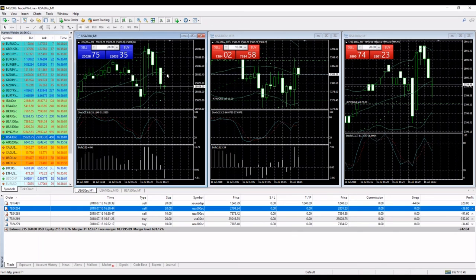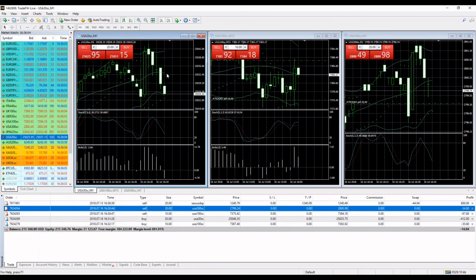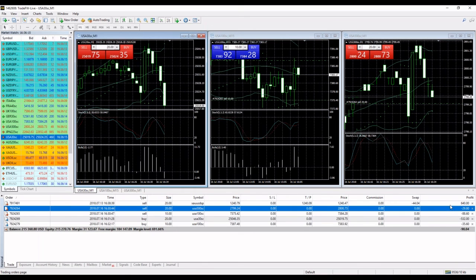So I see our gold trade is making right now $700. Let's give it a run. Okay, Dow Jones didn't move in our favor until now. We didn't close a position with profit.